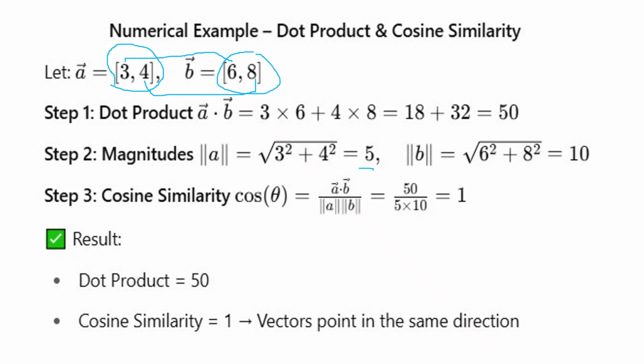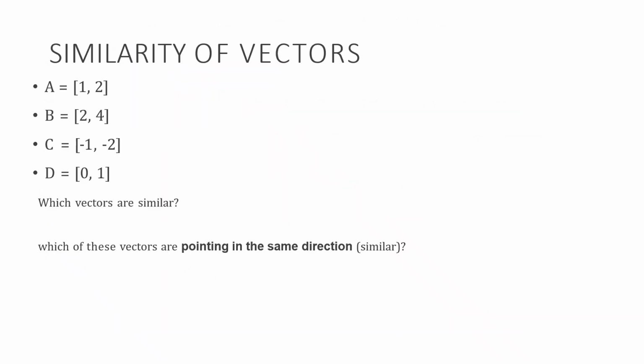Cos theta is equal to A dot B divided by the length of vector A and the length of vector B. So it is 50 by 5 into 10, so we'll get 1. So what is the meaning of 1? 1 means the vectors point in the same direction. Okay, that means your vectors are very much similar. You can see B is double of A, right? So they obviously point in the same direction.